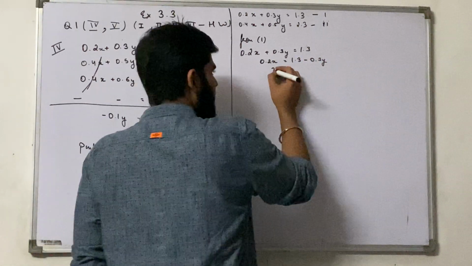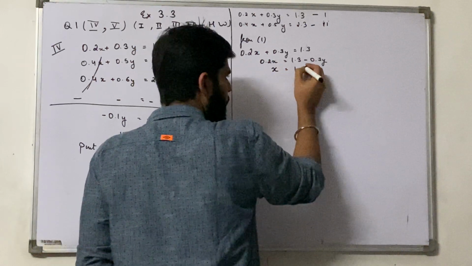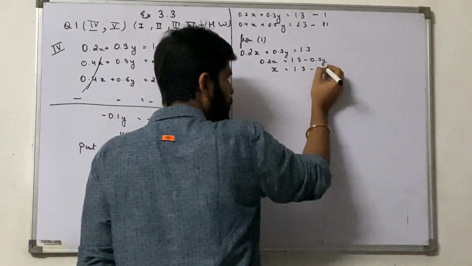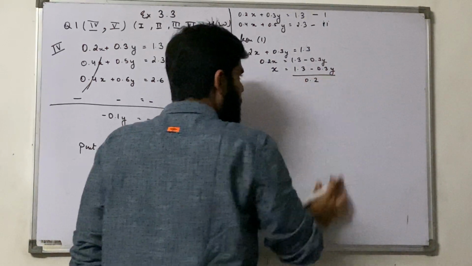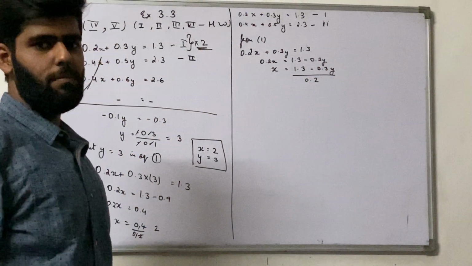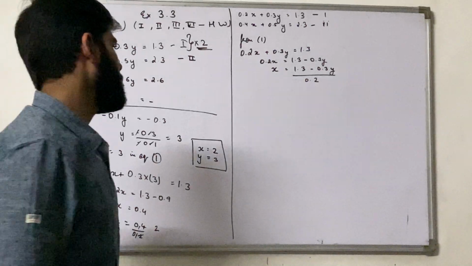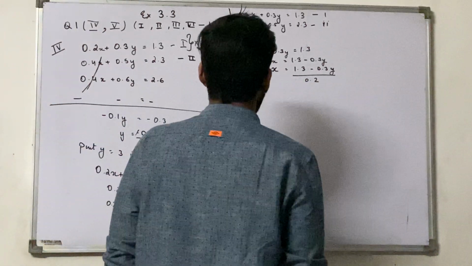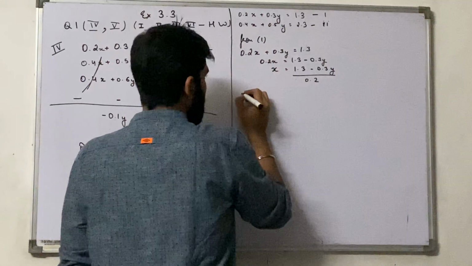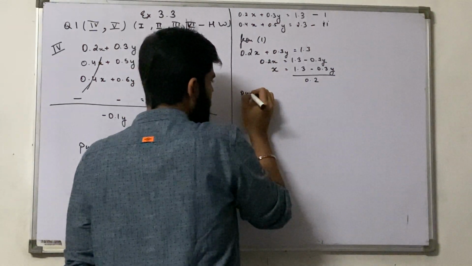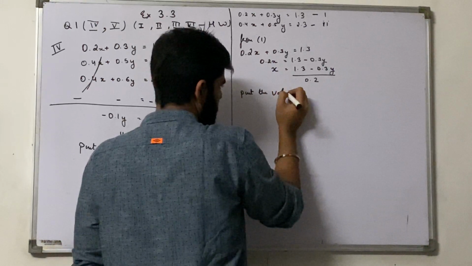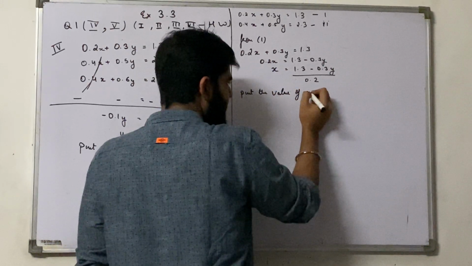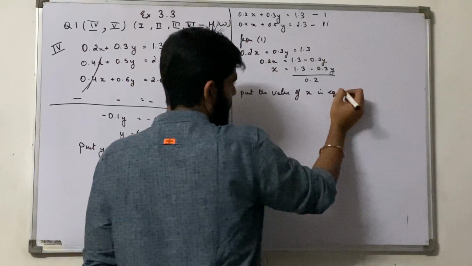This will be x is equal to (1.3 minus 0.3y) upon 0.2. Now we will put the value of x in equation 2.